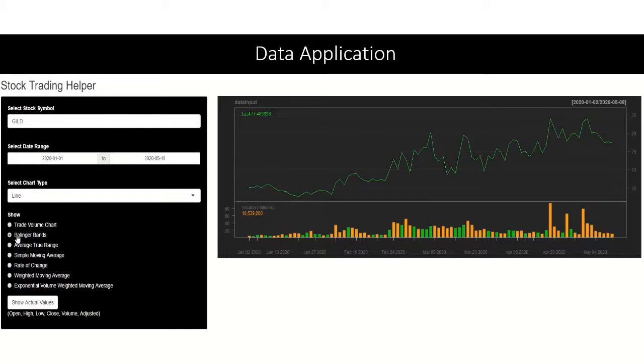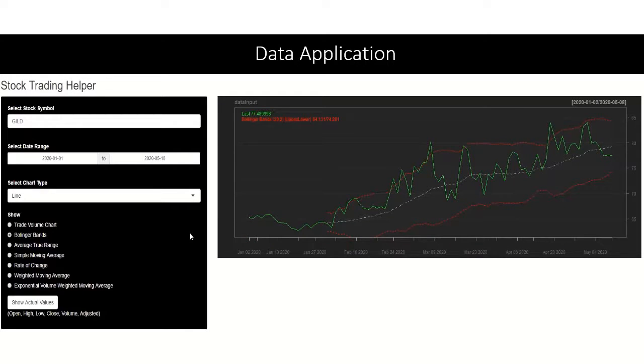The other feature included in this application is the Bollinger Band. Using the Bollinger Band, you can see the possible stock price that a stock might have based on the average moving price. So the white line here is the average price, and this top red line is the highest possible price for the stock, and the bottom red is the lowest possible.